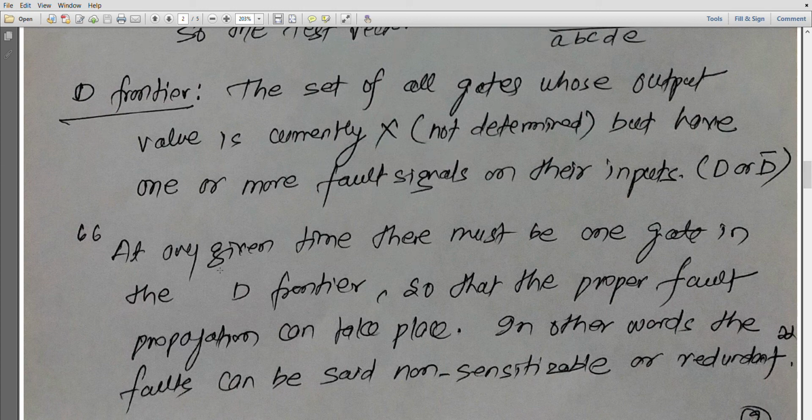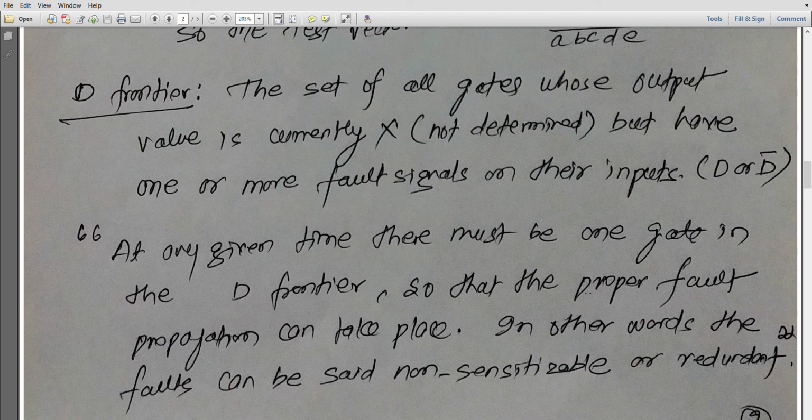So at any given time, there must be one gate in the D frontier so that proper fault propagation can take place. In other words, the fault can be said to be non-sensitizable or redundant if the D frontier does not contain any gate.